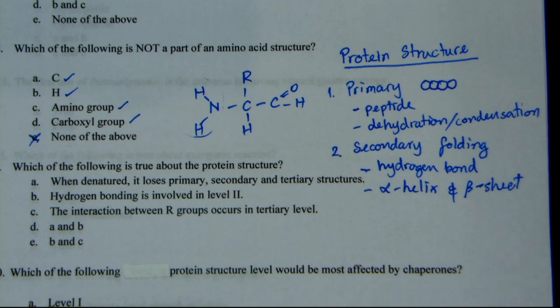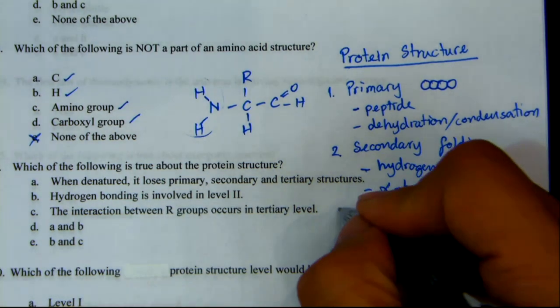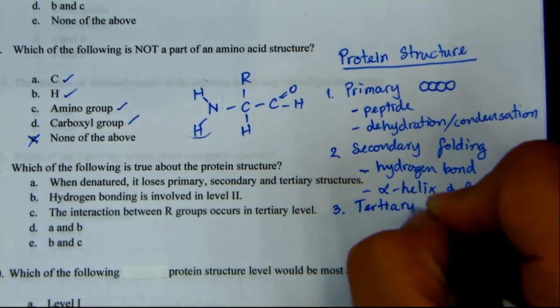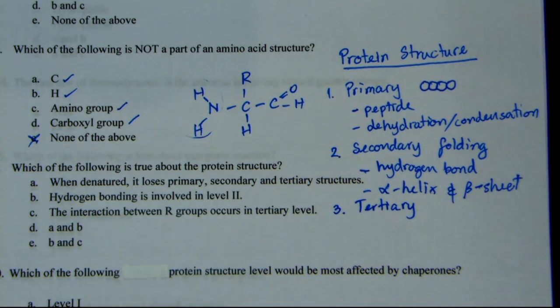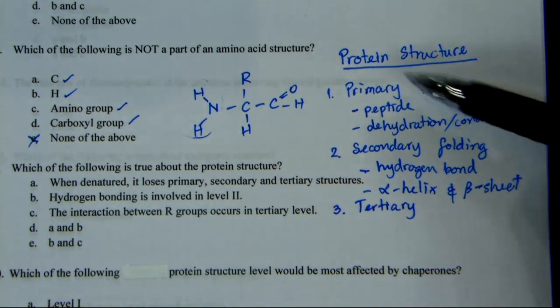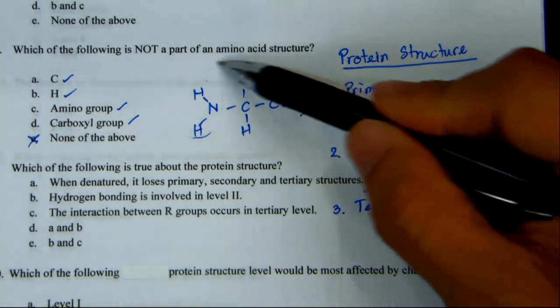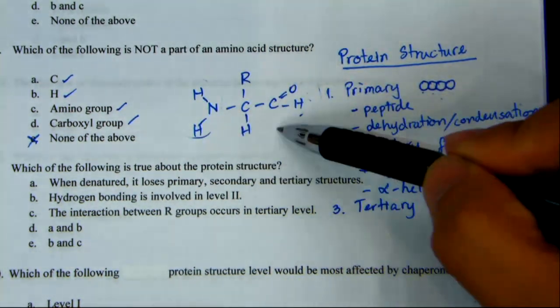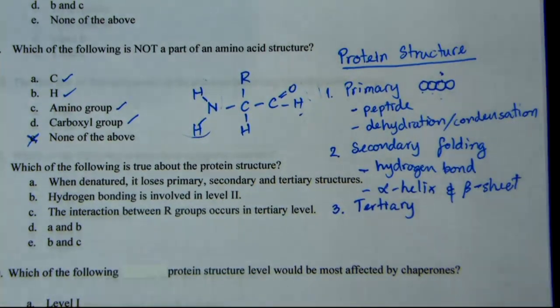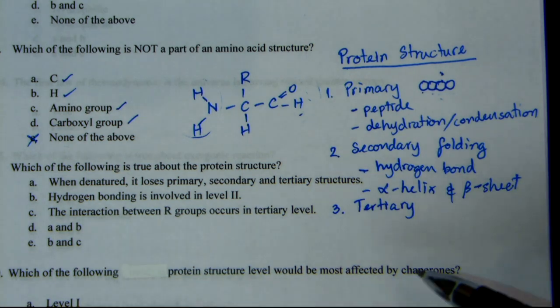Then after that, we have tertiary, okay? In tertiary, what's the major things here? Interaction between our groups, okay? So when you have this amino acid, this is your amino acid, right? So each of these, sometimes you might have R group hanging out. And the interaction between R groups is what's happening in tertiary, okay?